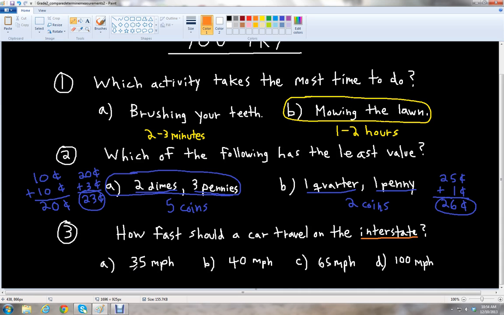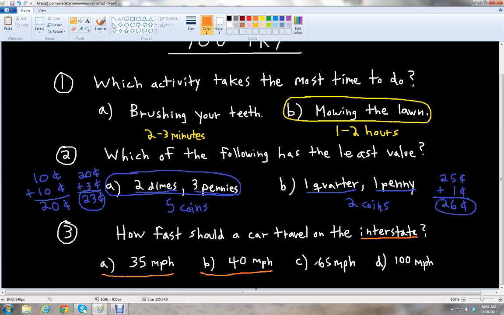We look at A, 35 miles per hour, B, 40 miles per hour. If we look at these first two choices, we think, well, this is kind of slow, right? Maybe these two speeds would be appropriate for driving in the city. Maybe 35 miles per hour would be in a residential area, and then 40 miles per hour maybe on a county road, or a road in your town.